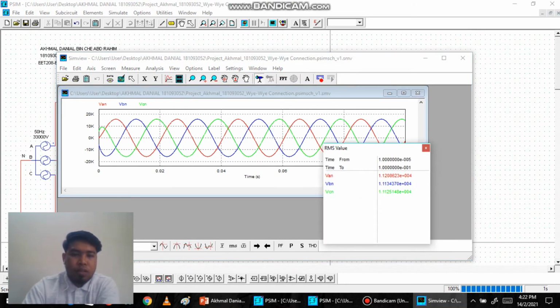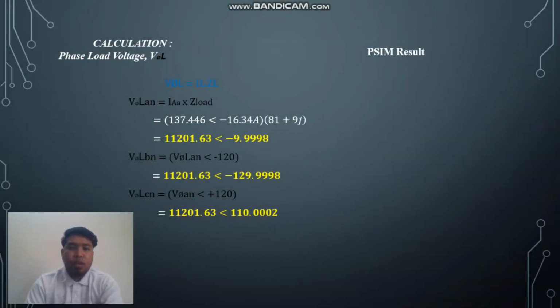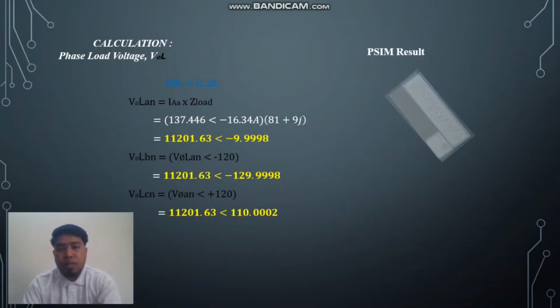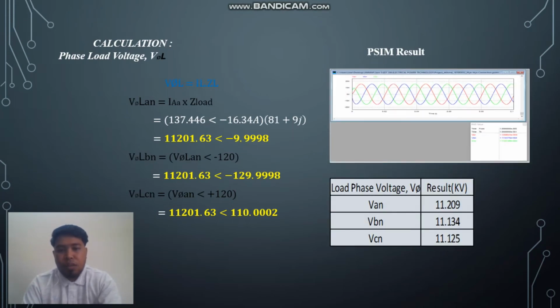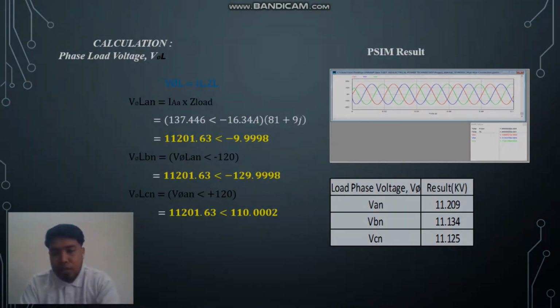This is the value for the V line. Compared to the PC result, I also get 11.209 kV. The result is not so different compared to the calculation.